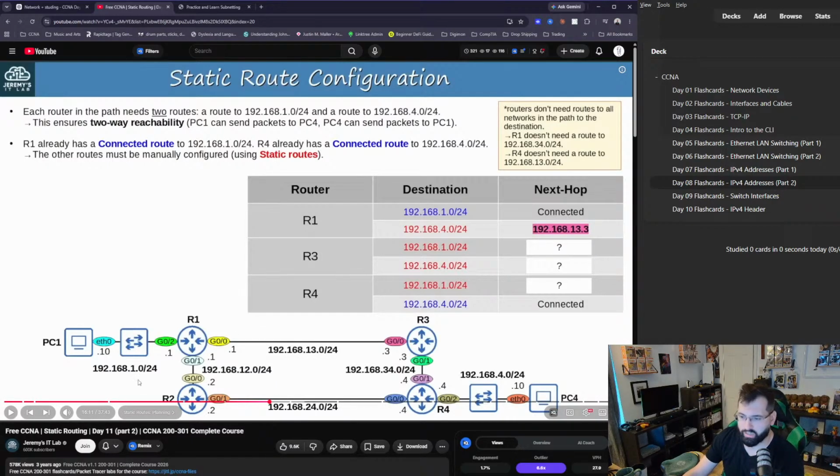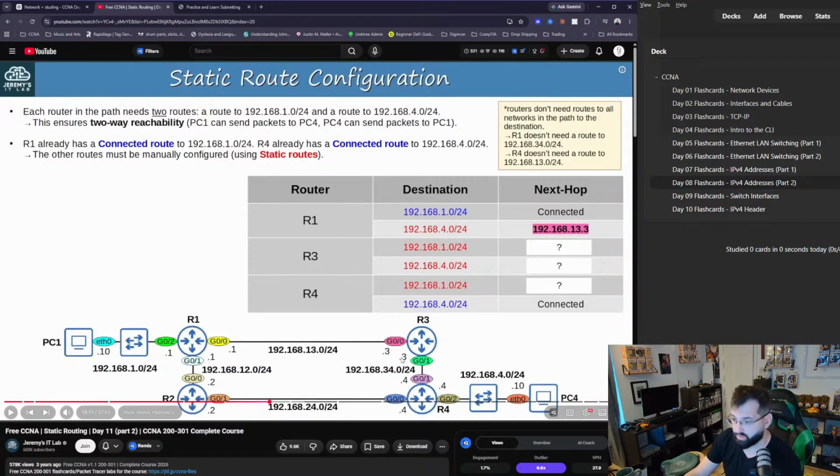So we just put connected. So the next hop's here. Then the next hop is going to be 34.1. No, 0.4. Because this was 13.0. That's the network.